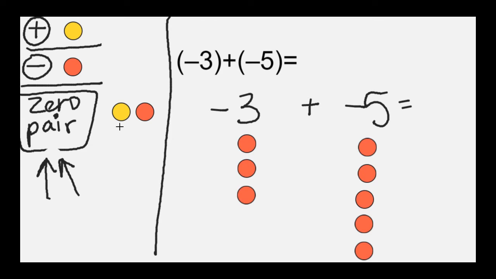Do we have any that we can make the combination of yellow and red? The answer is no. So let's count the counters. 1, 2, 3, 4, 5, 6, 7, 8. So we have 8 counters, but since they're red, our answer is negative. So when we added negative 3 plus negative 5, it gives us an answer of negative 8.